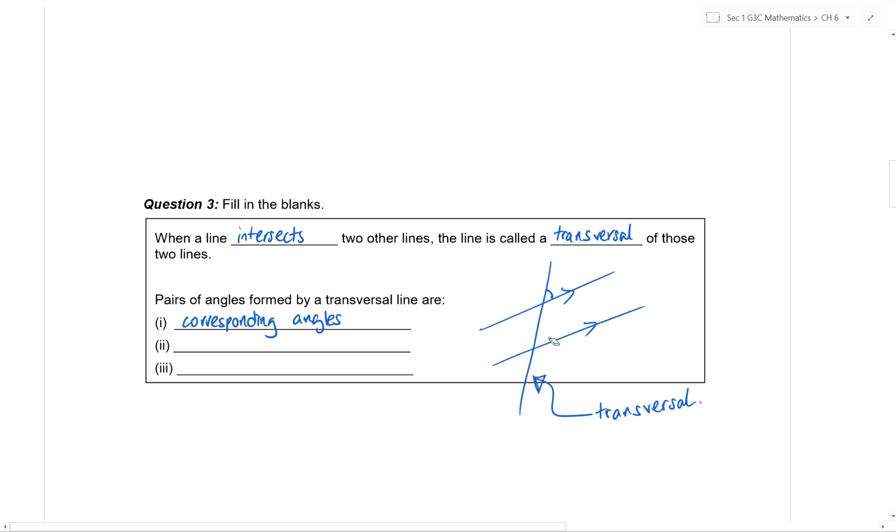The next pair of angles will be our alternate angles. So in this diagram, these two are examples of a pair of alternate angles. And finally, for the third one, we have interior angles. An example will be these two angles. They are known as interior angles.